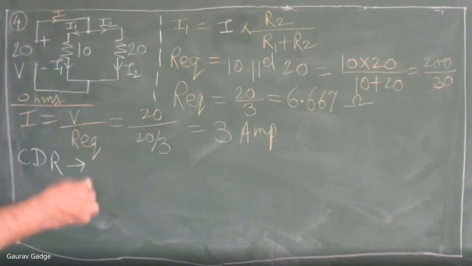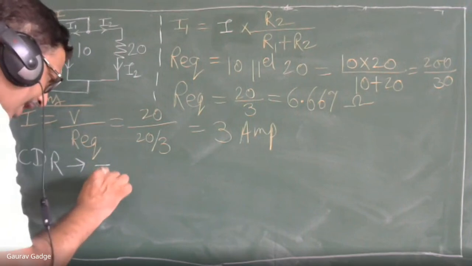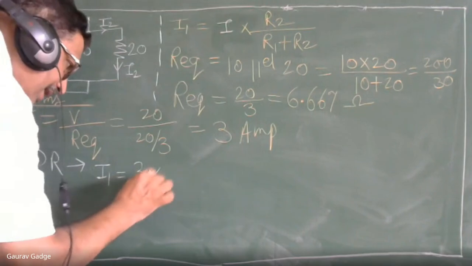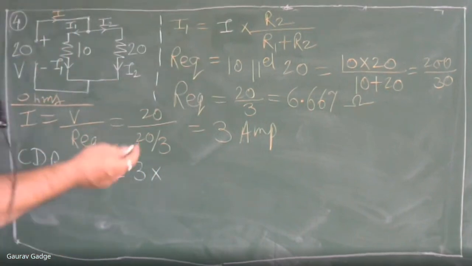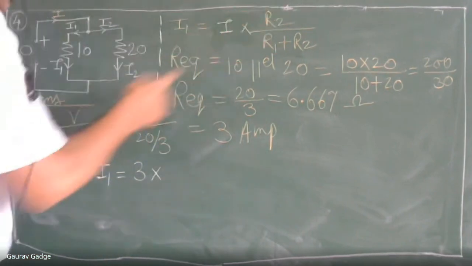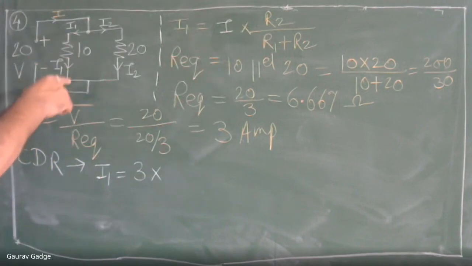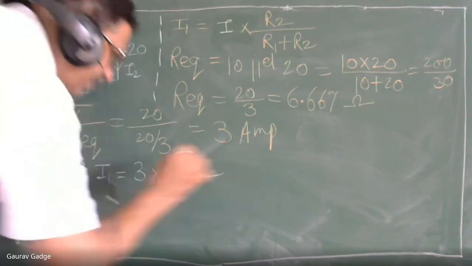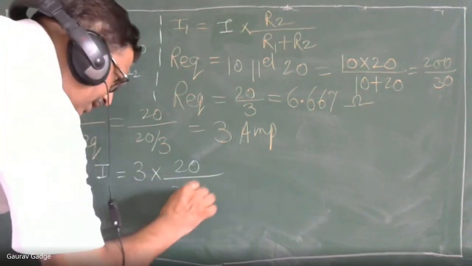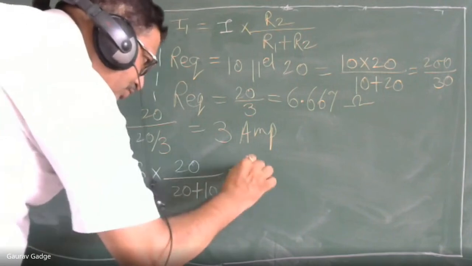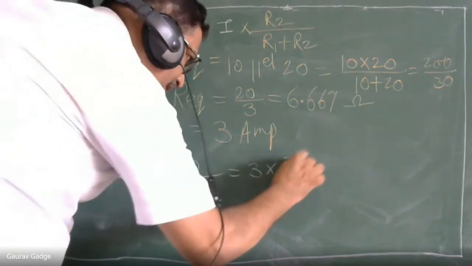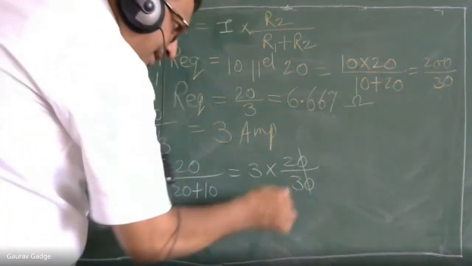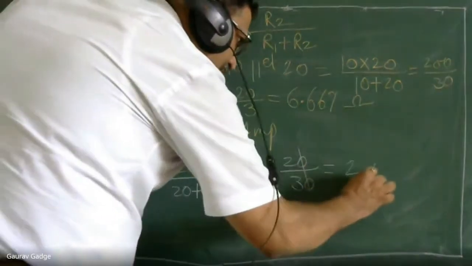I1 is equal to total current I, which is 3 ampere, multiplied by the opposite branch resistance. When calculating the current through this branch, the opposite branch is 20 divided by 20 plus 10, which is 30. So 3 into 20 upon 30. The zero gets cancelled, the 3 gets cancelled, and you get 2.